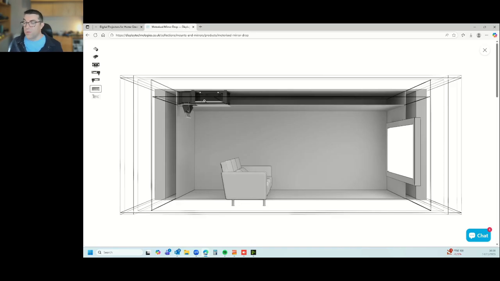So in this case, we always keep the projector away from the room, and we only have a very minimal visual impact of the mirror flap dropping down. That was why we developed the MMD the way that we did: to enable the projector to be hidden, with all the noise kept away, and a minimal visual impact.